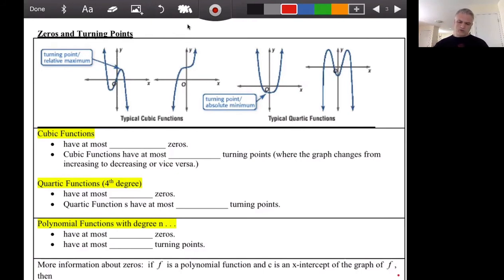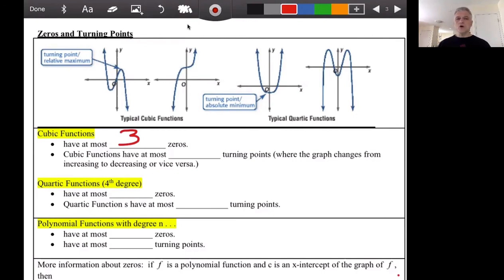All right, so let's see. Cubic functions. Here are some typical cubic functions. Make this real simple. Cubic, 3rd degree, have at most 3 zeros. That's it, done. Cubic functions and turning points.